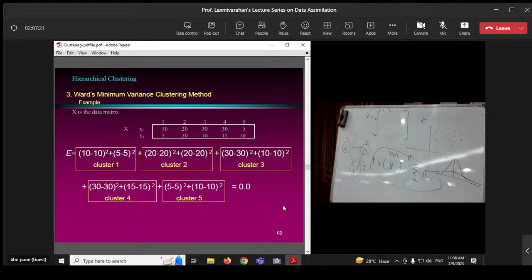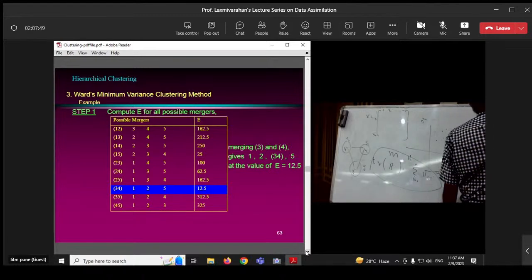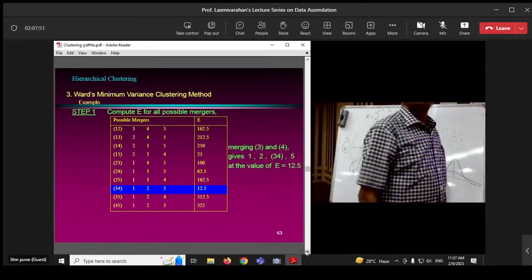Now, I would like to bring pairs together. So there are 5 objects. How many pairs are possible among 5? 5C2. So 1,2; 1,3; 1,4; 1,5; 2,3; 2,4; 2,5; 3,4; 3,5; 4,5. So if I want to bring 1, 2 together, are you with me?